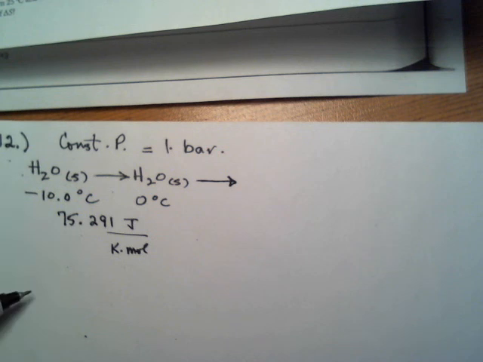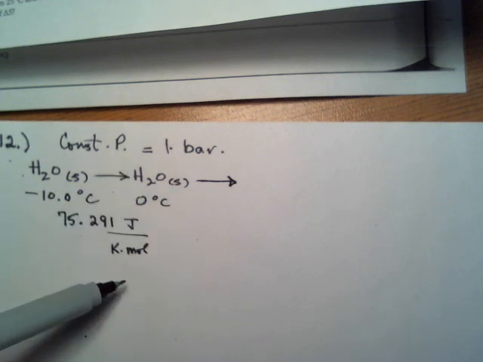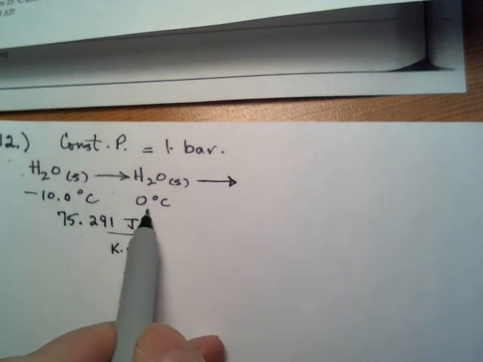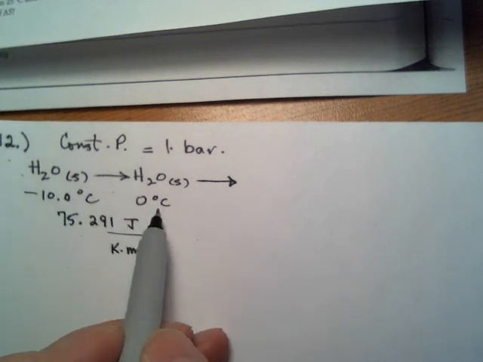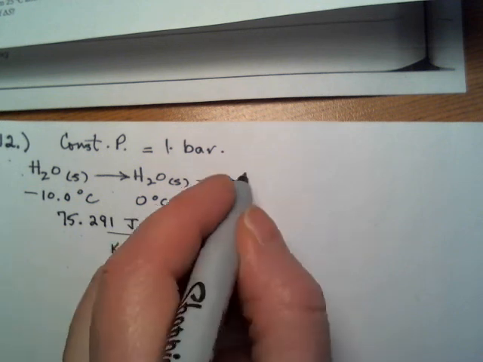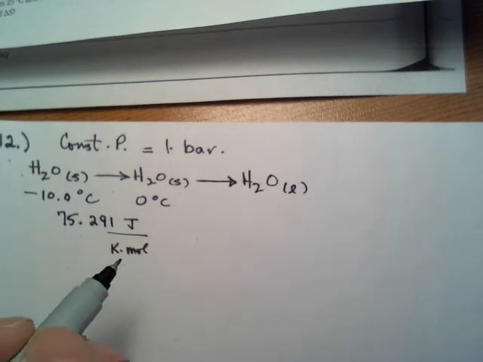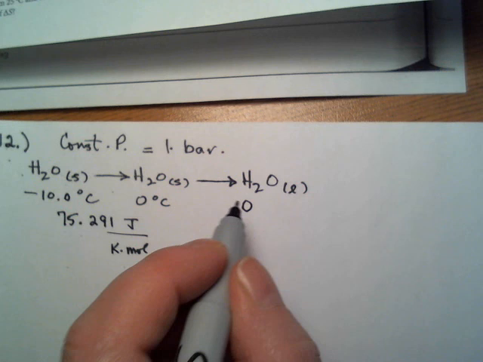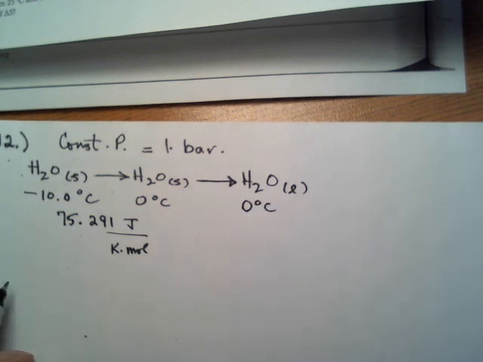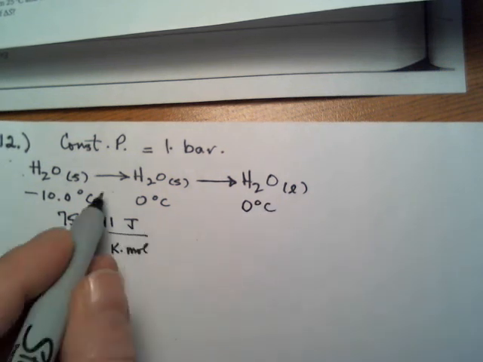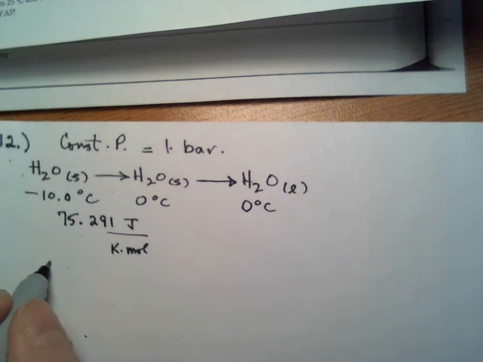So now what? If you were writing underneath, I would repeat H2O solid here as the first state of the next process. And so we heat it right up to 0. It's still a solid. At 0, it's going to melt to the liquid. Keep that temperature constant. So now, actually, you know what I'm going to do? Under this arrow, just label the process for you.